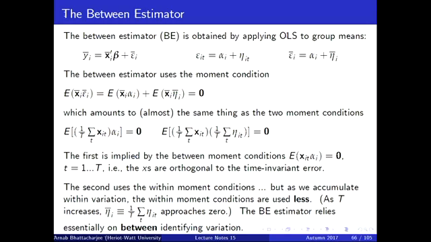The between estimator runs a regression of y bar on x bar. You see, all the between variation is in the means, right? So if you run a regression of y bar on x bar, that must be giving me an estimator which comes only from the between effects.